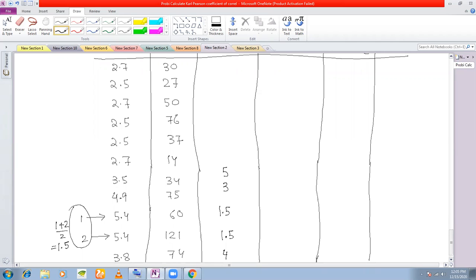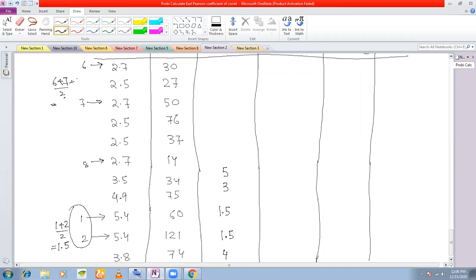The next highest is 2.7, but there are 2.7s, and there is one more.